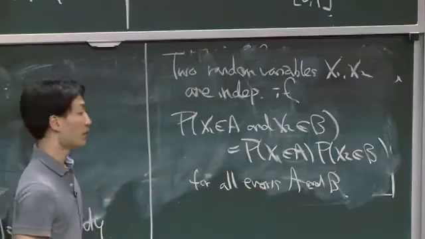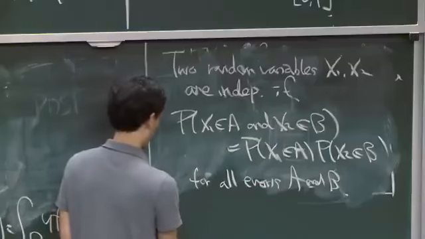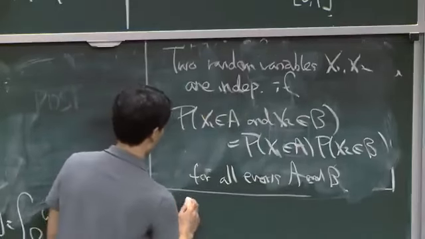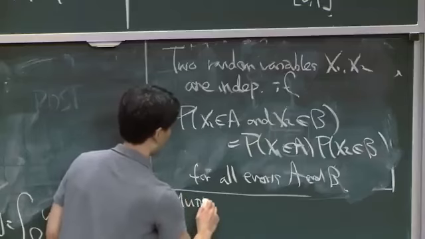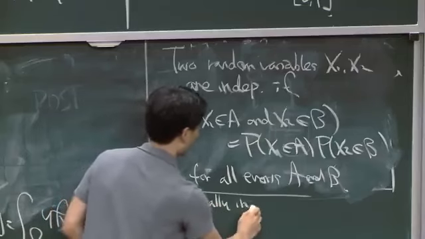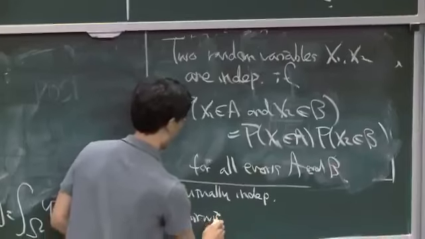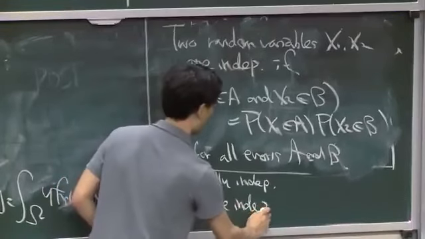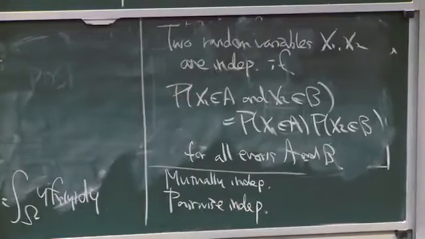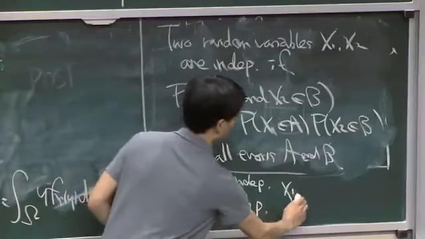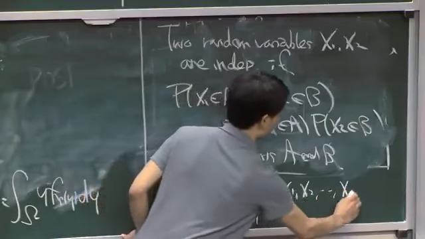There are two concepts of independence, or not two, but several, but the two most popular are mutually independent events and pairwise independent events. Can somebody tell me the difference between these two for several variables, let's say X1 to Xn?